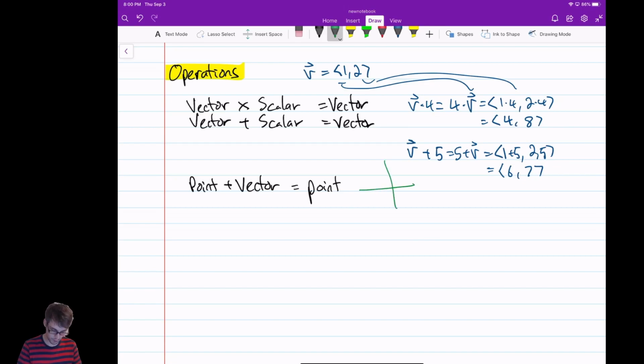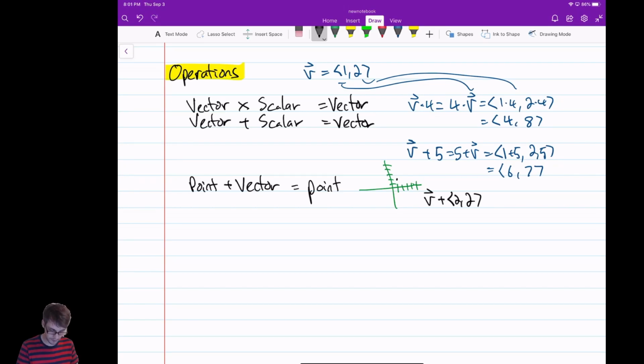If I draw the coordinate system, I can imagine drawing a point, 1, 2, 3, 4, 5, 1, 2, 3, 4, 5. So let's say I have my v plus 2, 2. Okay, so my v, remember, is 1, 2. My v is right there.